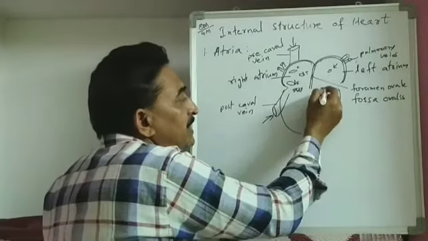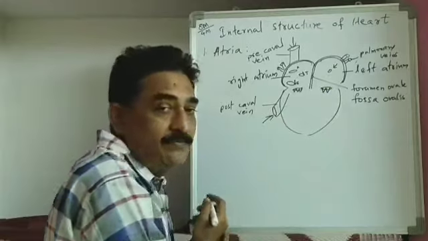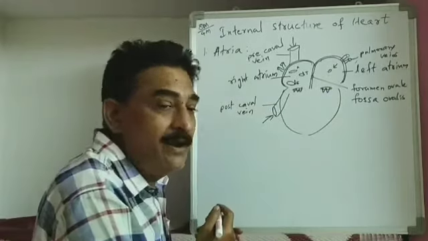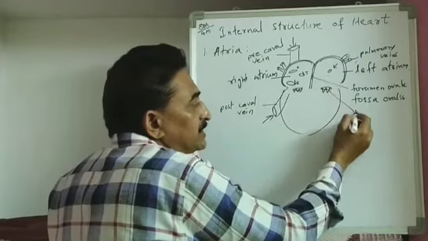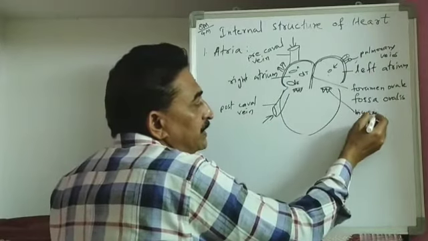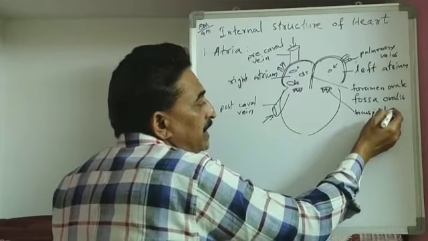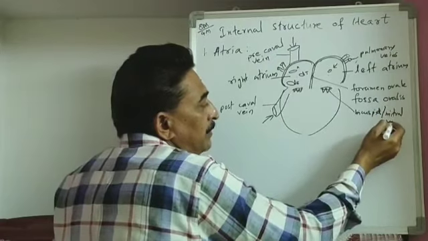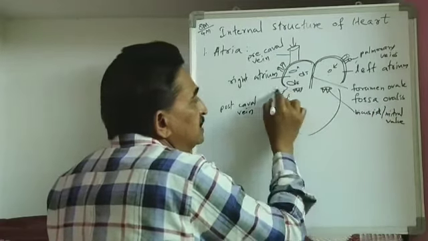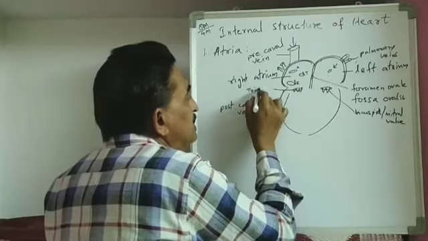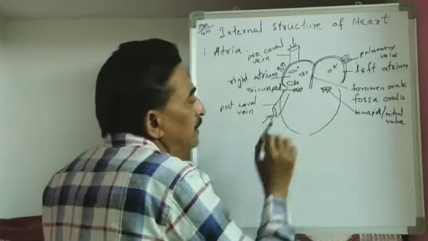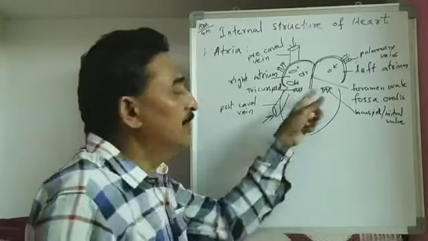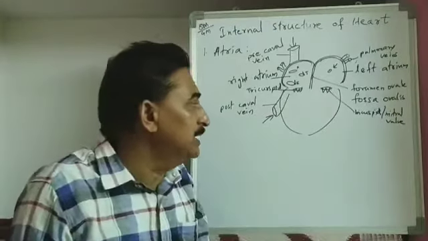This is the bicuspid valve, the other name is mitral valve. This is tricuspid. These are the atrioventricular valves present in the heart.